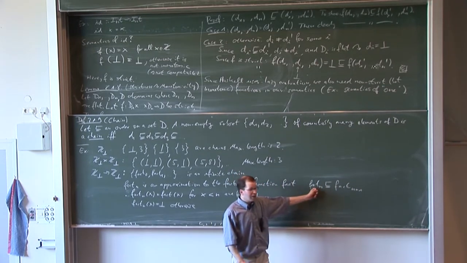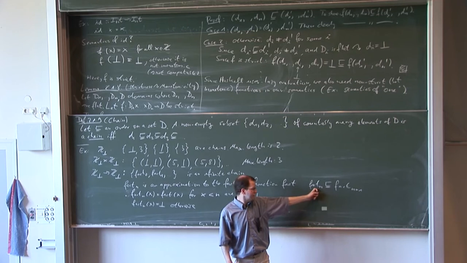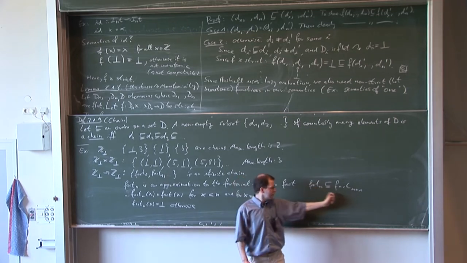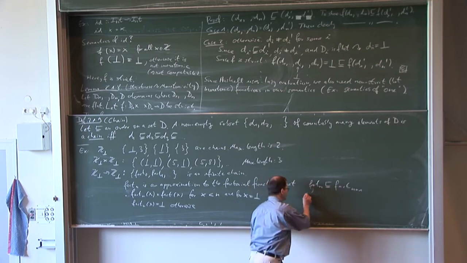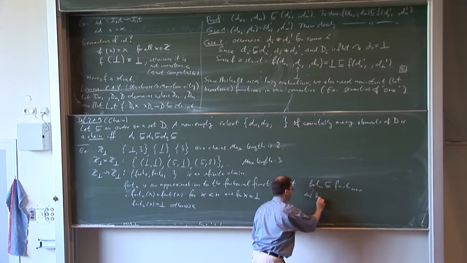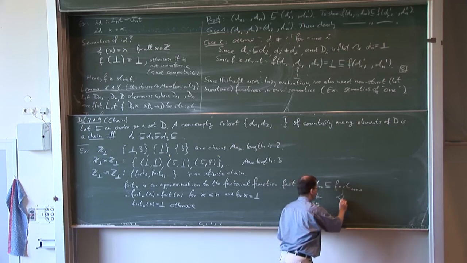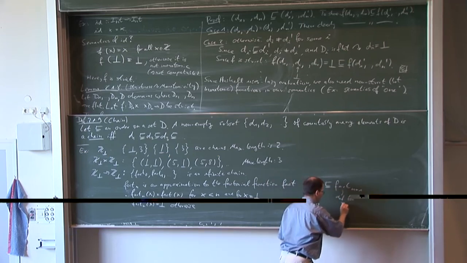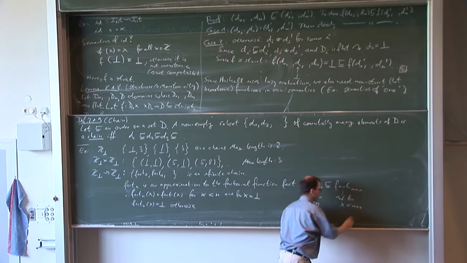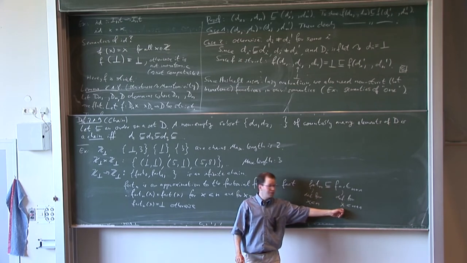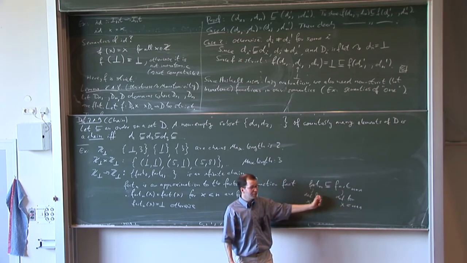Well, for those arguments where fact n is defined, fact n+1 is also defined, and they do the same thing. This is defined for x less than n, and this is defined for x less than n+1. So this is defined on one more argument, namely on n. Everywhere else, they do the same.